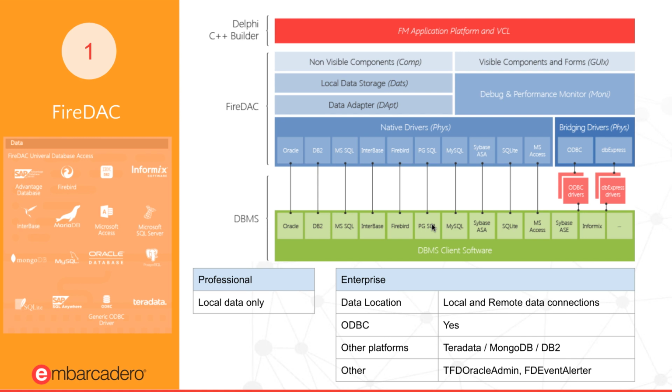There's MySQL, Oracle, Postgres, SQLite, SAP SQL Anywhere, and then obviously I've mentioned the ODBC driver, but also the Teradata driver and the NoSQL database platforms are then also part of the Enterprise Edition.